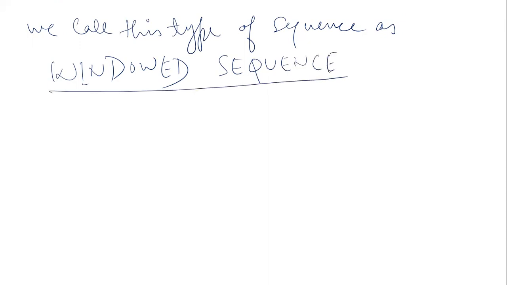So it is a windowed sequence. It is not continuous in nature. It is just a part of that continuous or infinite sequence, right? It is just that part only.